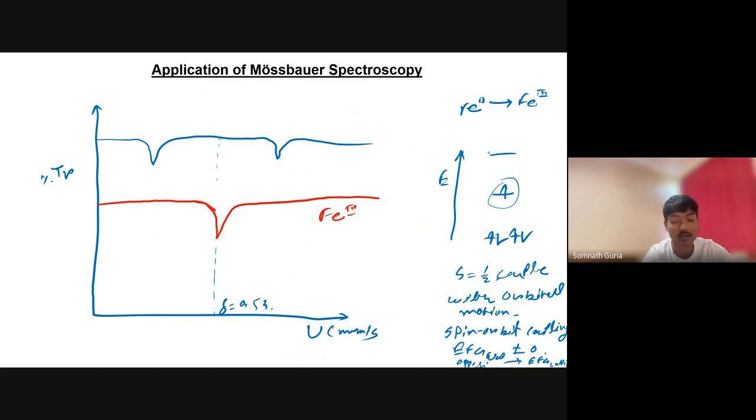So for iron 3 in ferrocene, we have a very minimal quadrupole splitting, around 0.1. So it looks similar, and it's supposed to be something like this.